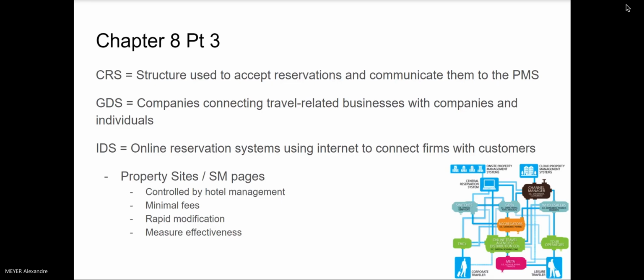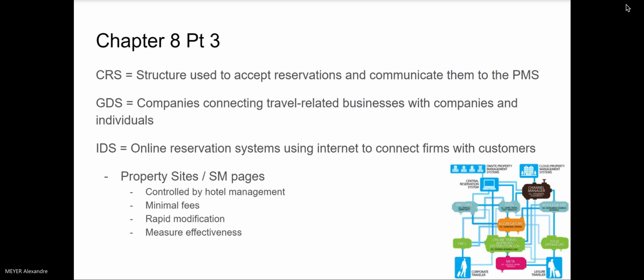Looking at some distribution channels, the first one we have is property websites or social media pages like Facebook or Instagram, if you can book hotels on Instagram. Essentially, it's a web address whose content is 100% controlled by a hotel management team. So if it's a property site like Hilton.com, it's controlled by Hilton. You have minimal fees for transactions because it's your website, you're running it, not somebody else. You don't pay a commission. You don't have to pay a fixed rate for every room sold.